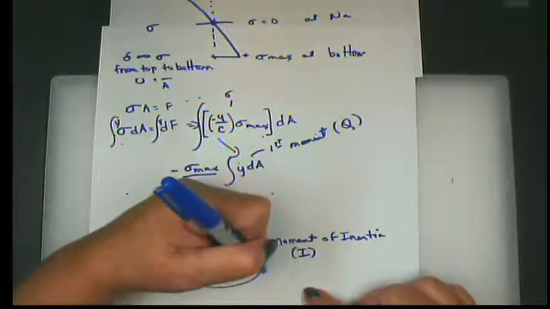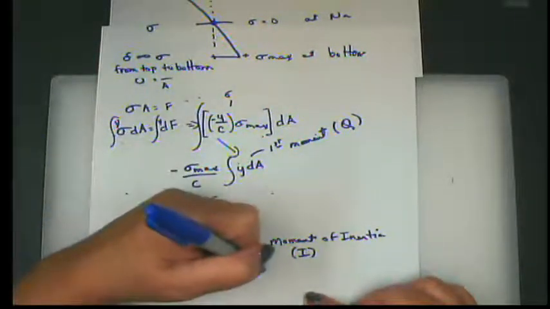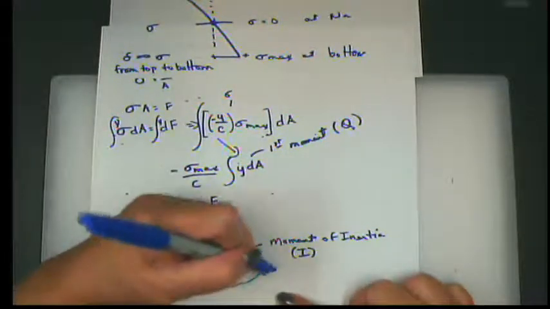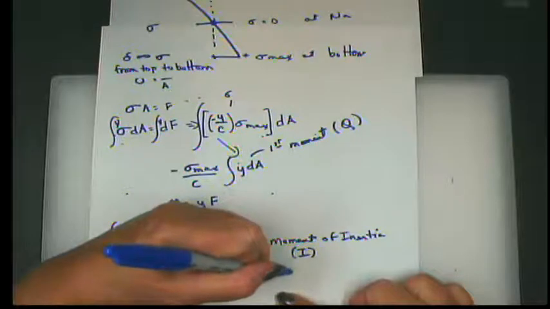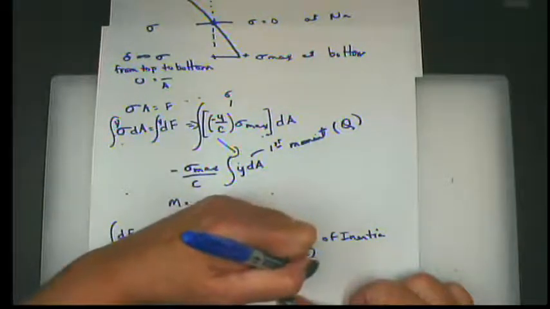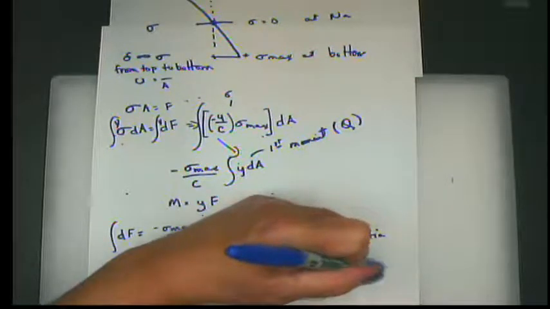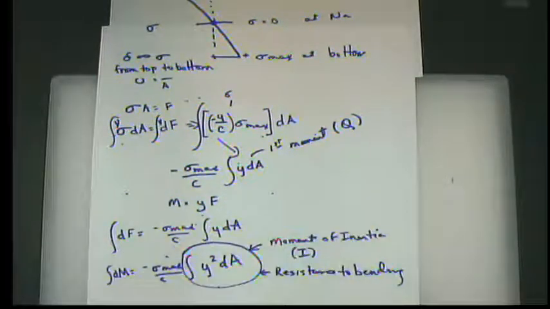And the meaning of a moment of inertia, primarily, moment of inertia is a mathematical concept, but one of the things that a moment of inertia represents is a resistance to bending. So it kind of makes sense that it would come up here. Now, the way that a moment of inertia works is like this.